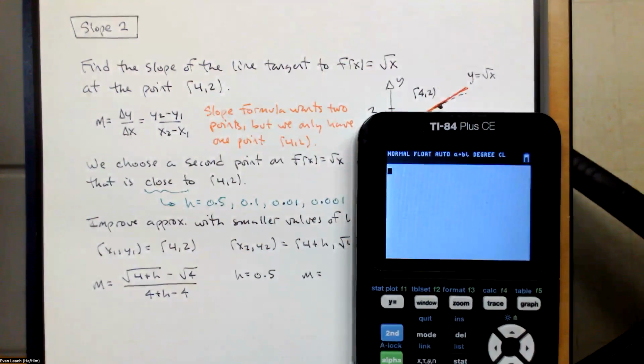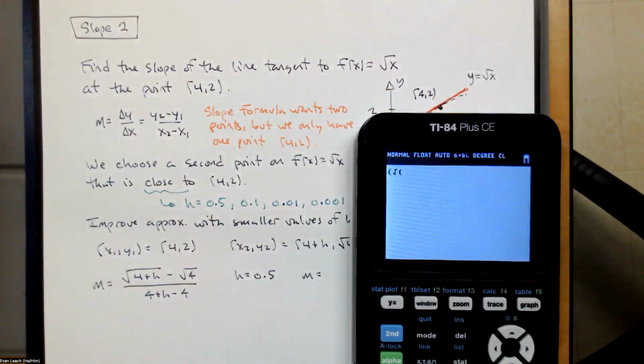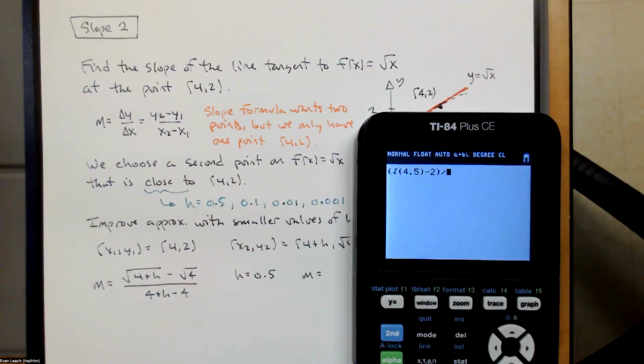So I'm going to take my numerator to be the square root of 4 plus 0.5 minus the square root of 4, which is 2. I can simplify that one. That's my numerator. And then I'll divide by the denominator, which is just going to be the 0.5.